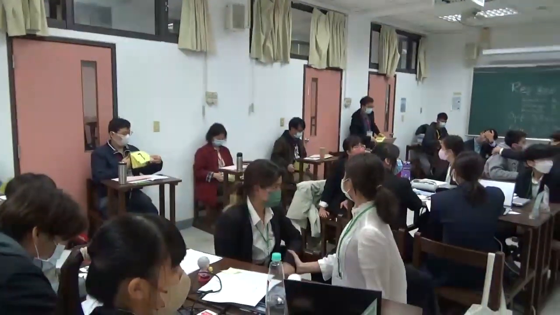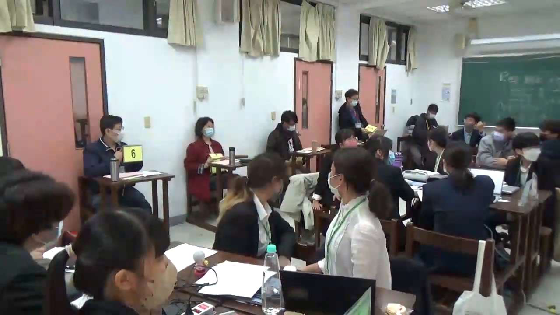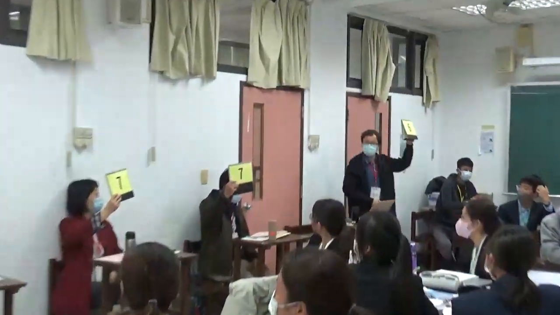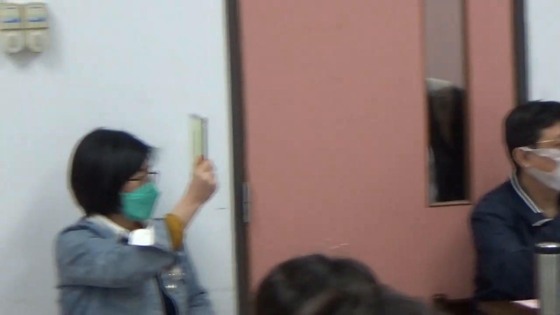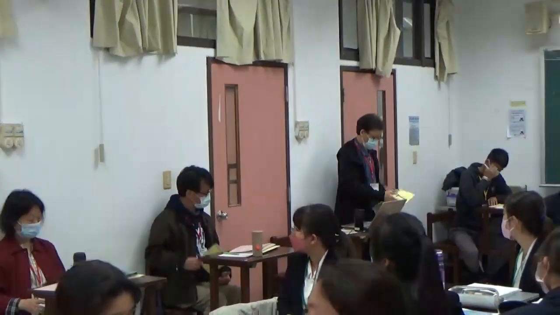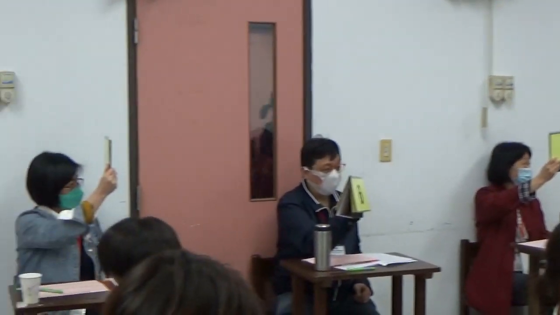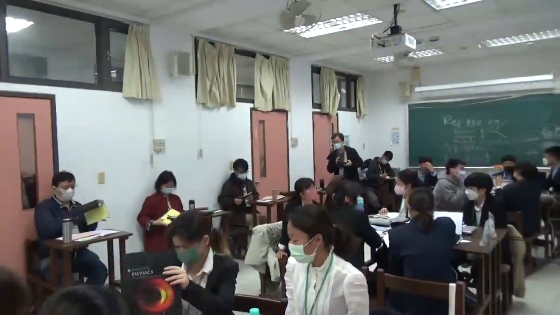Score for the opponent: 6, 7, 7, 6, 8. Then the score for the reviewer: 7, 7, 6, 6, 6. Okay. Again, not too much variation.